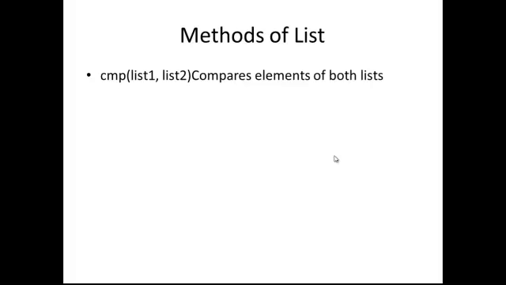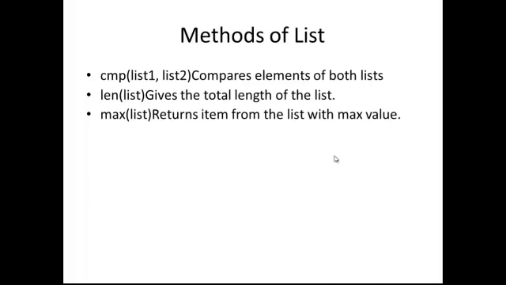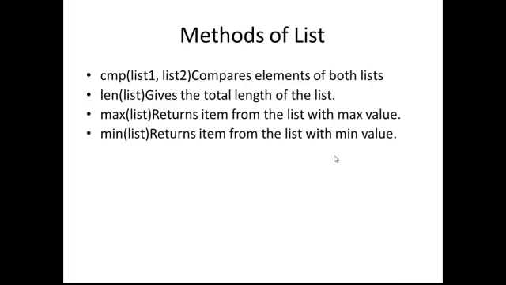What operations or methods do we use on a list? Comparison: we can compare elements of both lists, where list 1 has some group of elements and list 2 has some other elements. To know how many elements are in the given list, we can use the len method. The highest and lowest values of the list are taken by max and min.